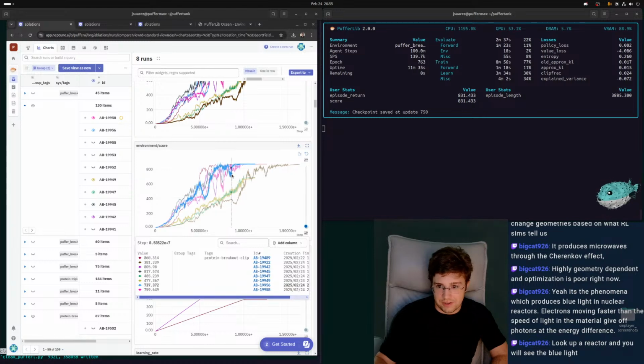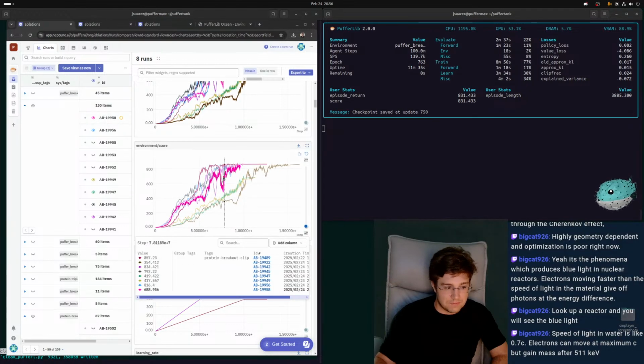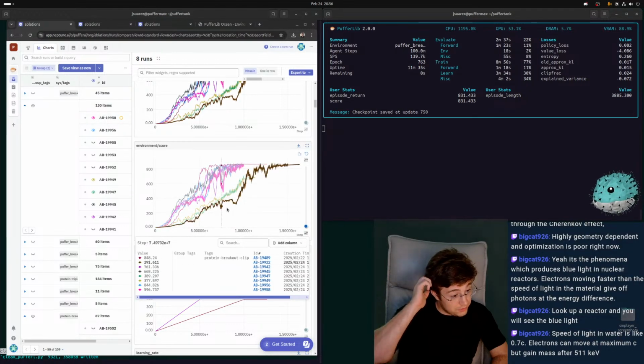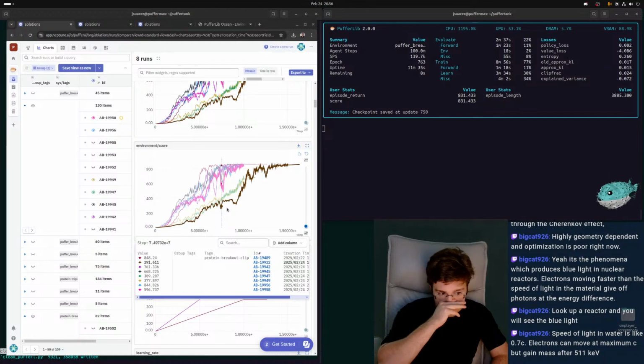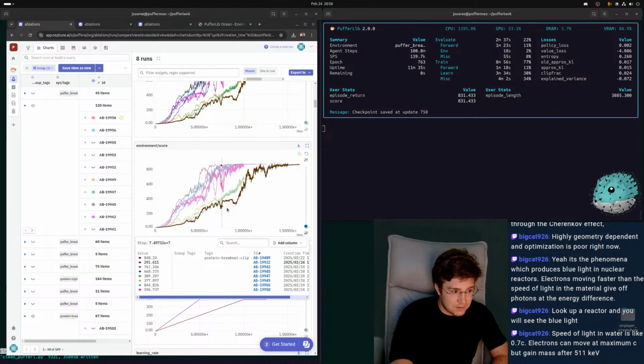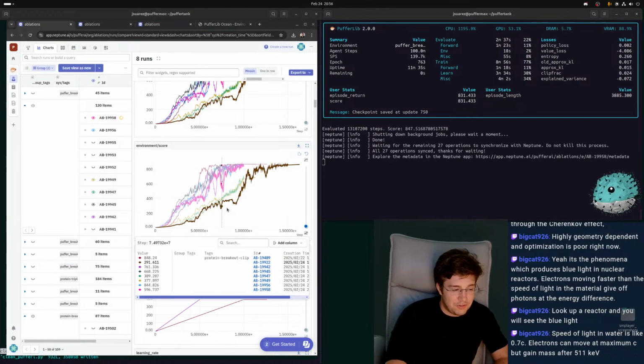This is very, very close, so I'll call this a match. This is so darn close, right? In water, electrons can move. Oh, in the material. So there isn't an exploit on the absolute speed of light. There's nothing that goes faster.